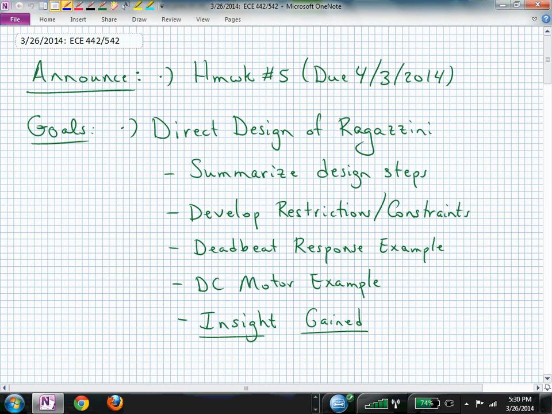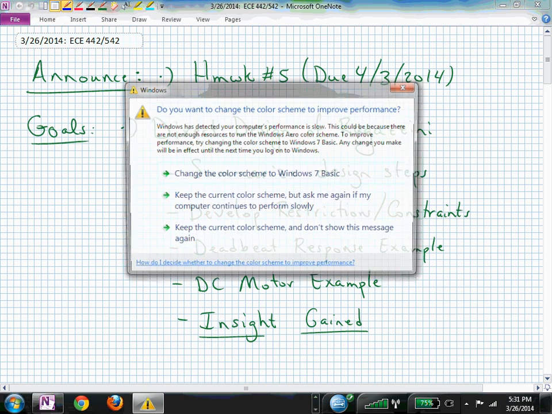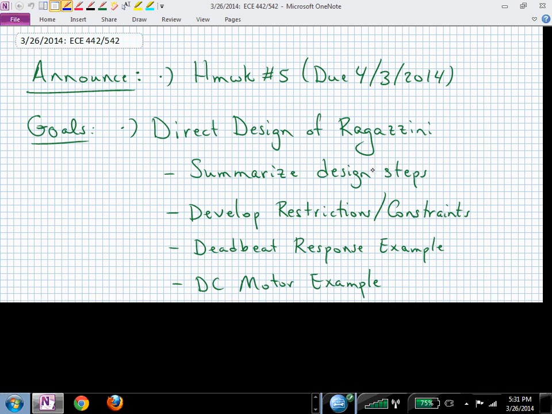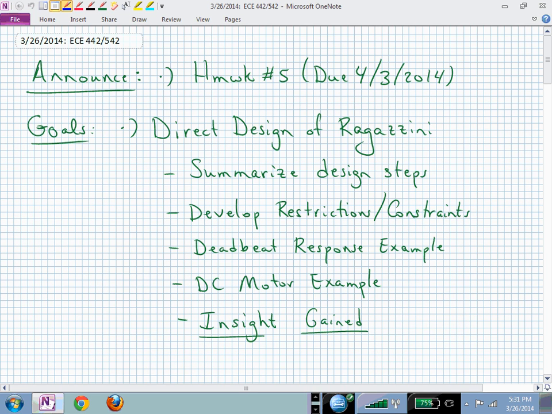But today what I want to do is talk about the direct design of Ragazzini and go through a couple of examples. We'll start by summarizing the design steps, and that's not very many. There's only 2 steps in the design process, but some of those design steps take a little thought or a little design work.